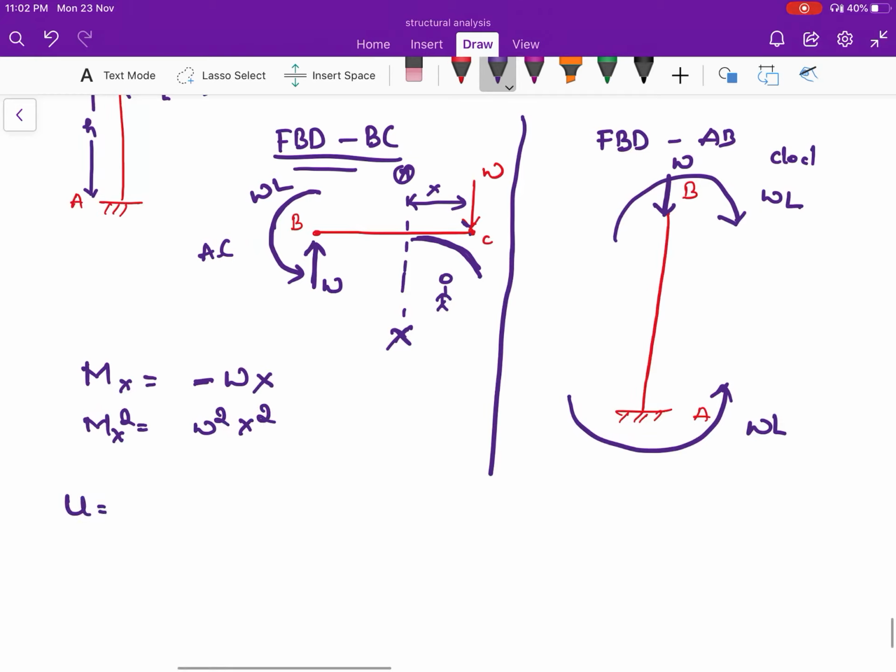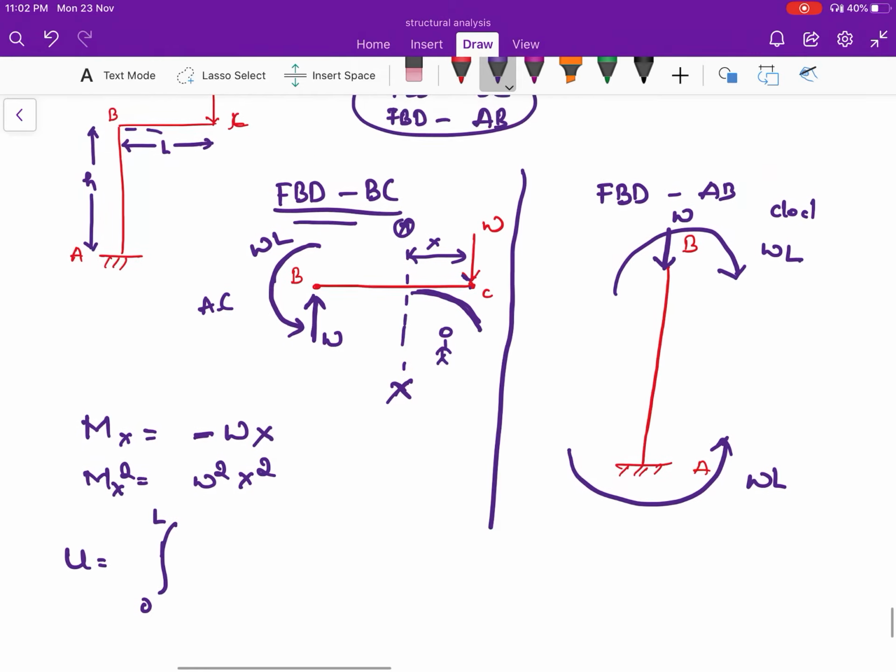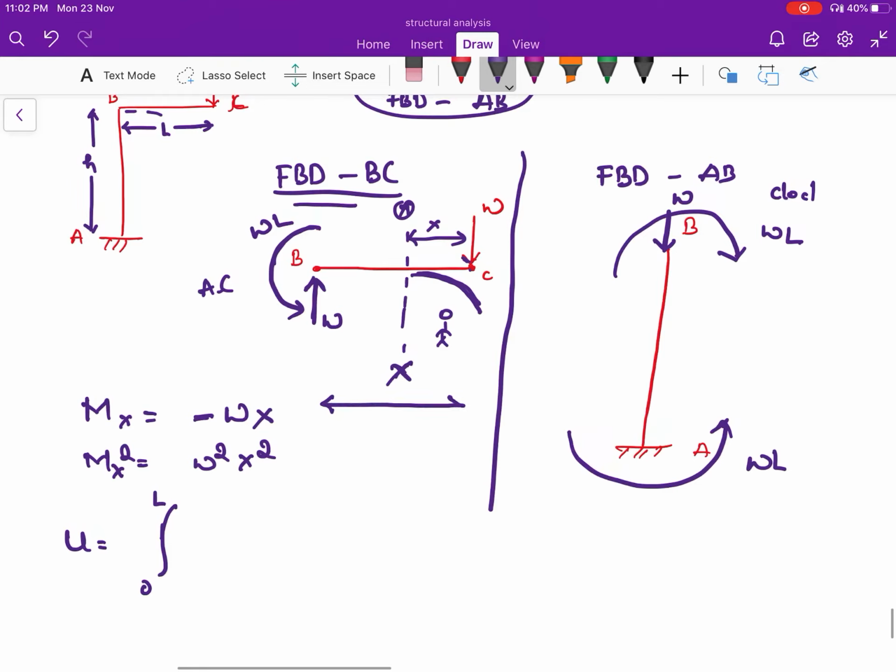So U is equal to integral 0 to L. Okay, is it fine? What is this distance? This distance is L, 0 to L. Integral 0 to L Mx squared dx divided by 2EI. Is it fine?